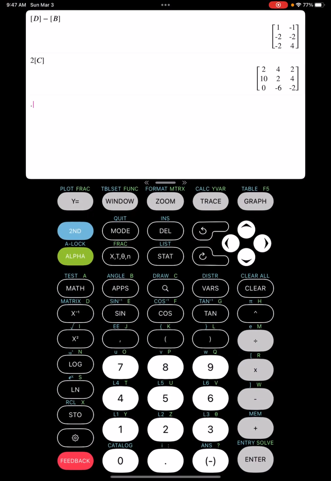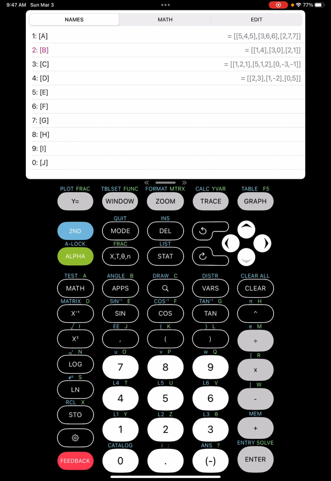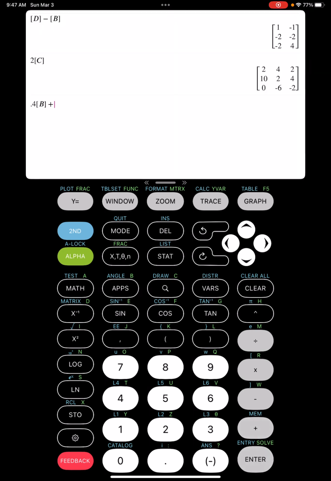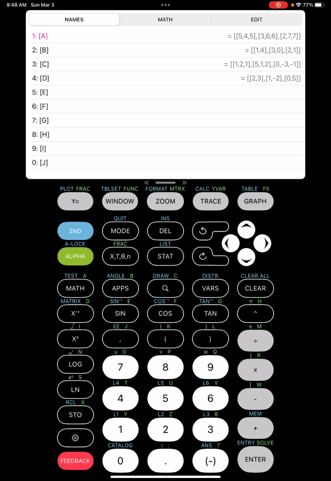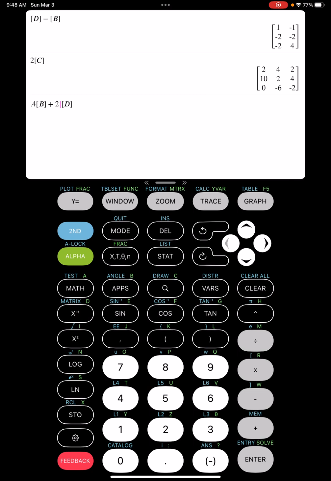So 4, second matrix B plus 2, second matrix D. There's a decimal point here I've got to get rid of. We get that. So we get 8, 22, 14, negative 4, 8, 14.